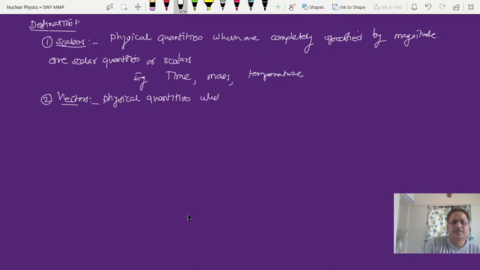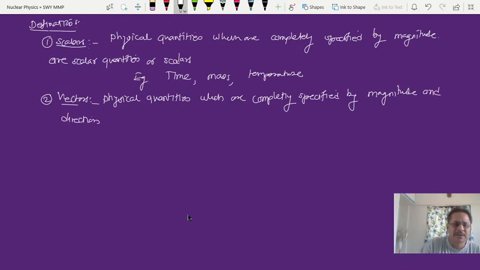So we have to specify direction all the time. These are vector physical quantities.